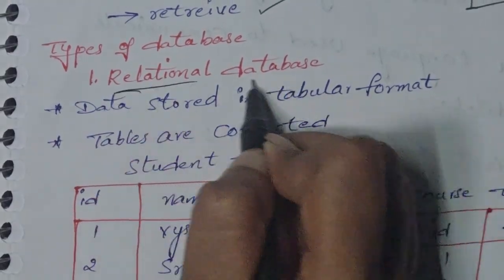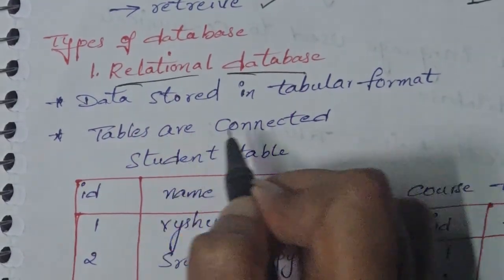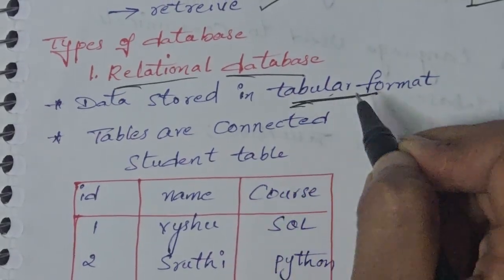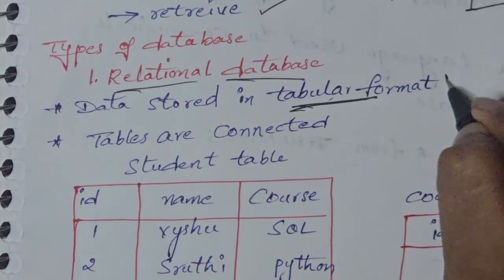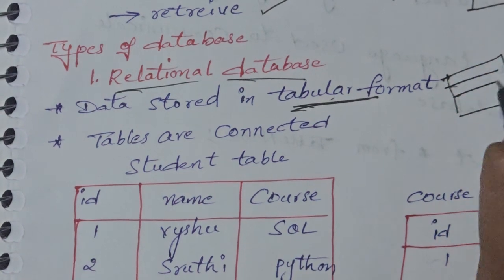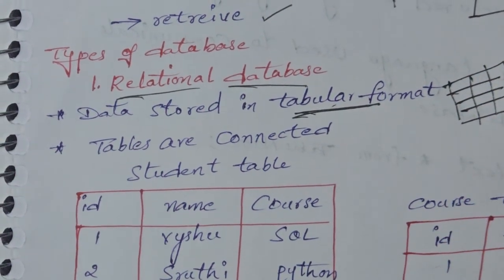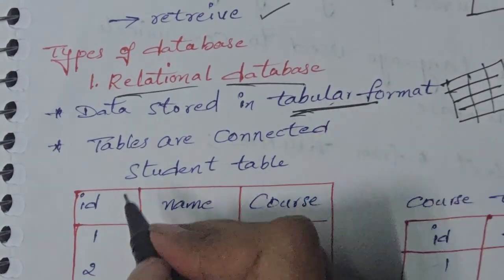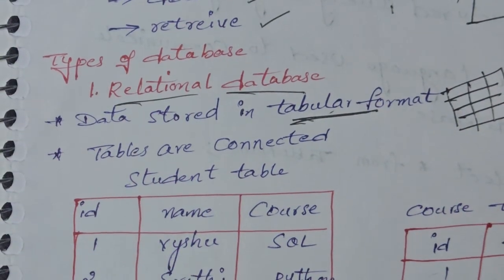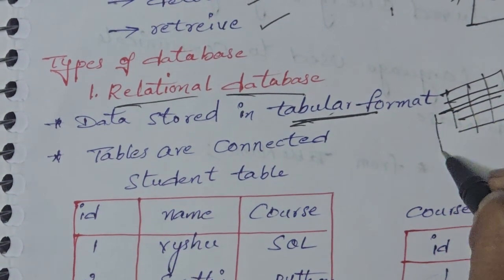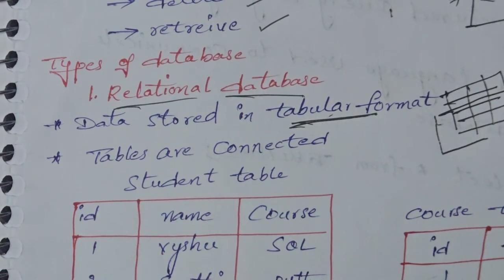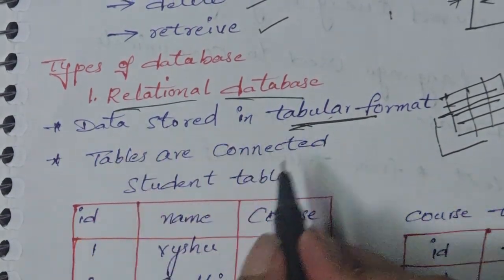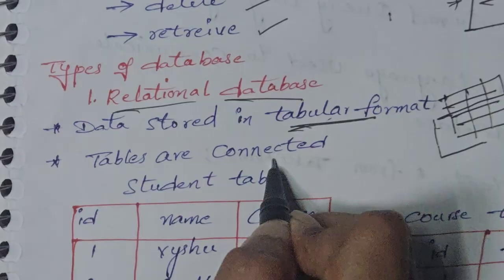In the relational database, data will be stored in tabular format. Tabular format means the data will be stored in the form of rows and columns. In the relational database, tables are connected to each other.